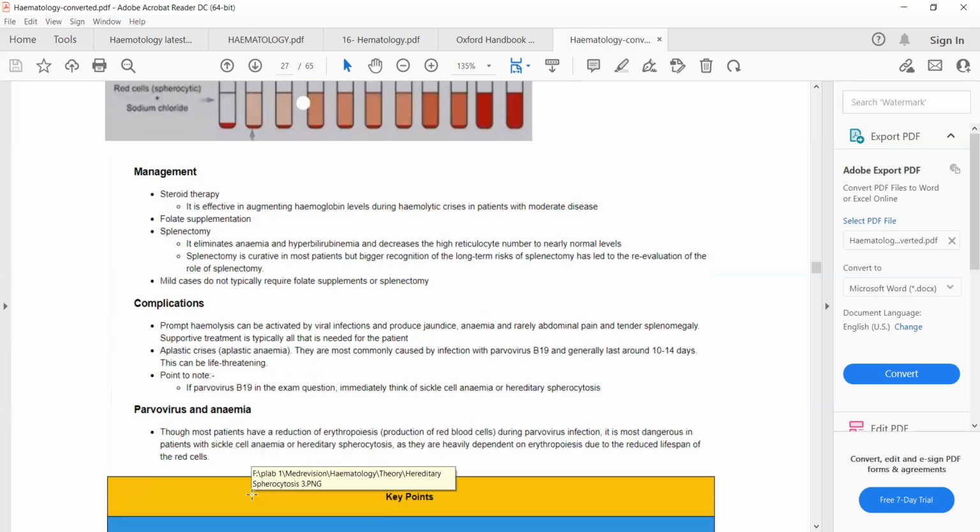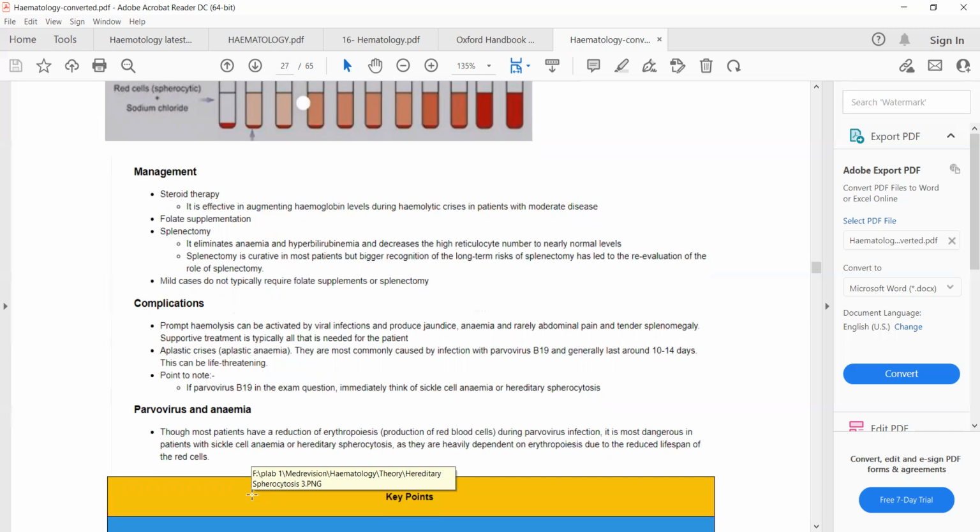So what will happen in aplastic crisis? Normally, we have discussed that whenever there is hemolysis, the body tries to compensate by increasing the formation of RBCs and releasing immature RBCs into the circulation in the form of reticulocytes. So normally there will be reticulocytosis in a patient with hemolysis.